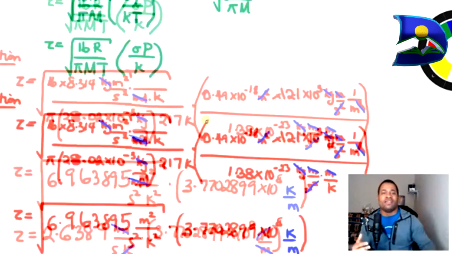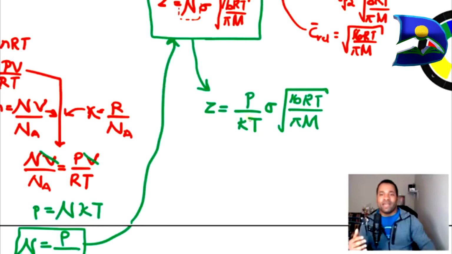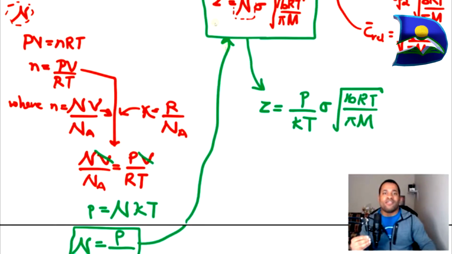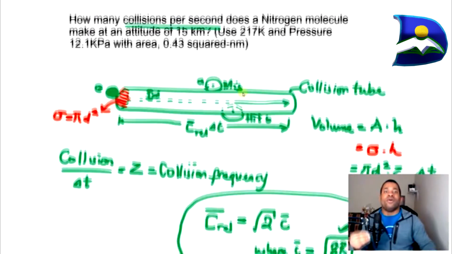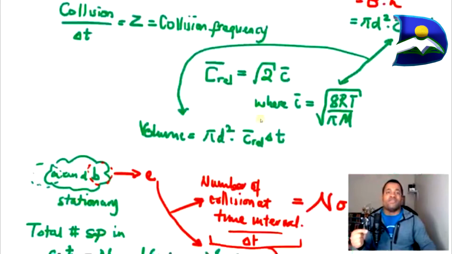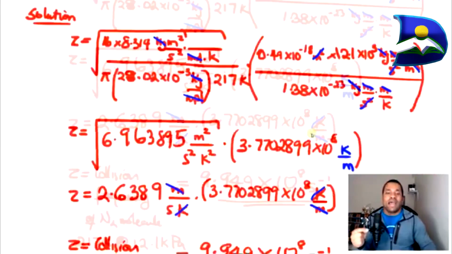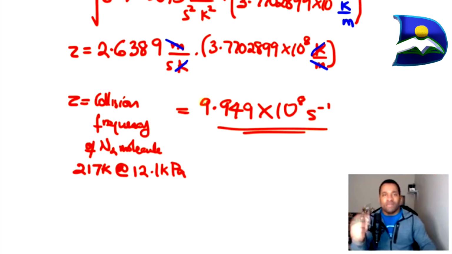And take note that from our previous video, we were able to derive our formula, and by deriving our formula, we're able to determine our specific answer for the number of collisions per second for a nitrogen gas molecule at that particular altitude and conditions, by putting those numbers into this equation.